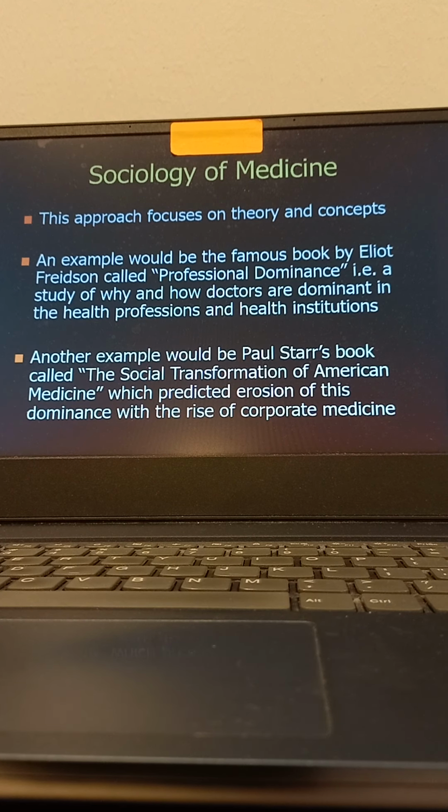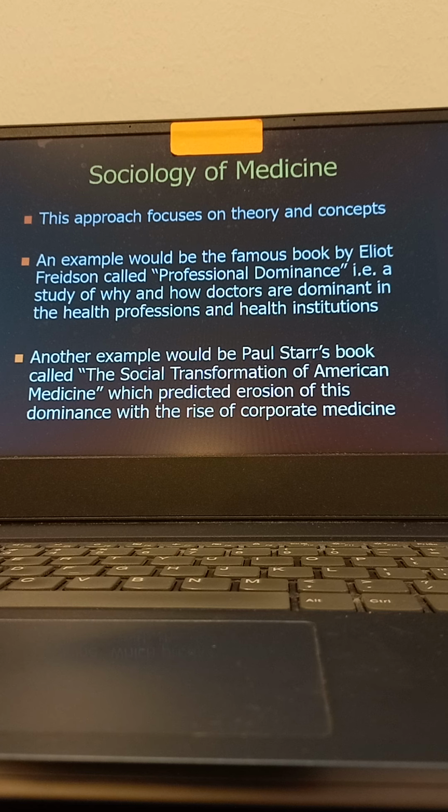Sociology of medicine is usually more theoretical, emphasizes concepts and so on. One famous example would be the famous book by American sociologist Eliot Freidson called Professional Dominance. That is a study of why and how doctors became dominant in the health professions and in health institutions.